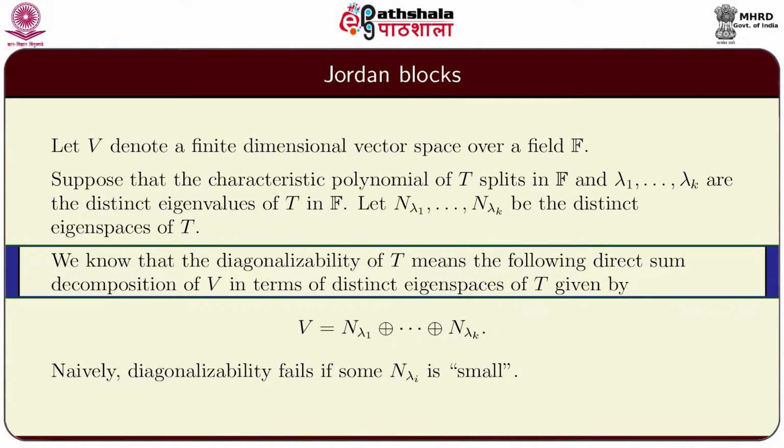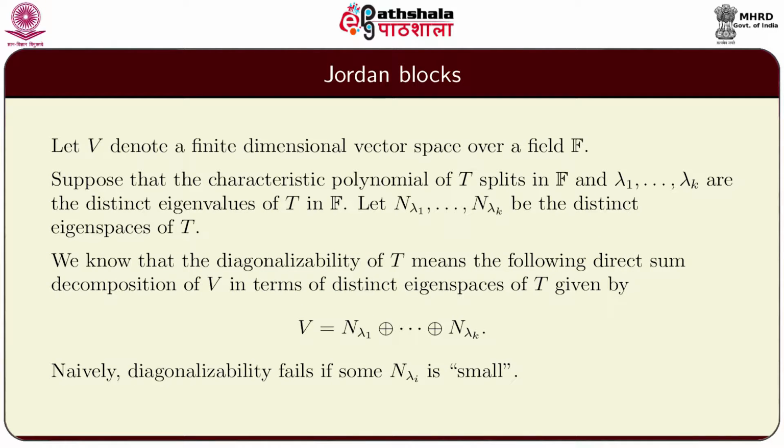Now we know that diagonalizability of T means that V has a direct sum decomposition in terms of the distinct eigenspaces of T given by V is equal to E lambda 1 direct sum E lambda 2 and so on direct sum E lambda k. So naively speaking, if diagonalizability fails, then some E lambda i eigenspace is small.